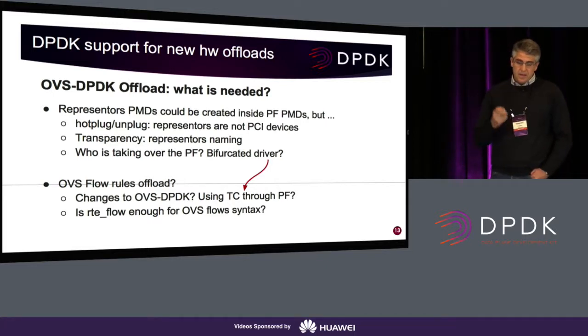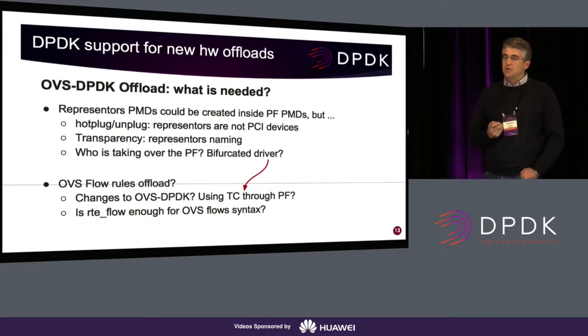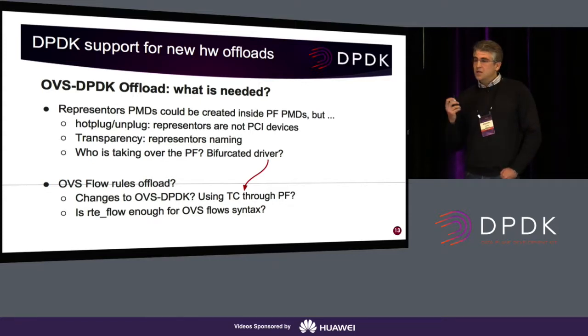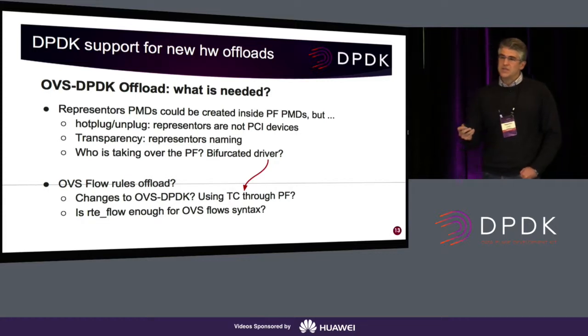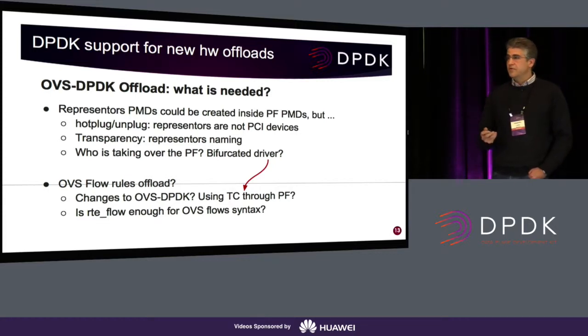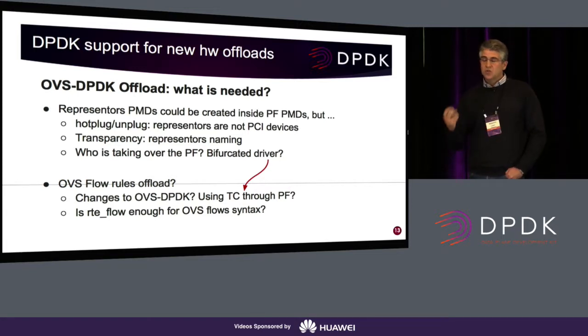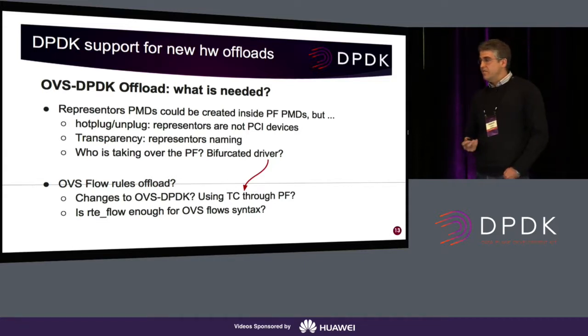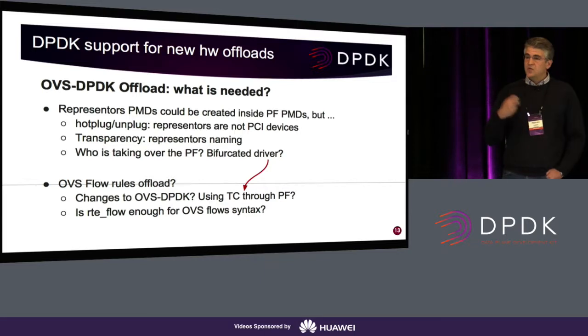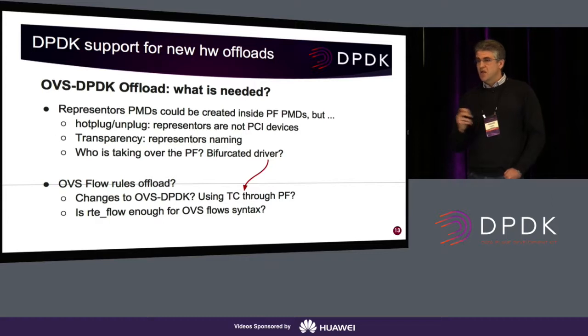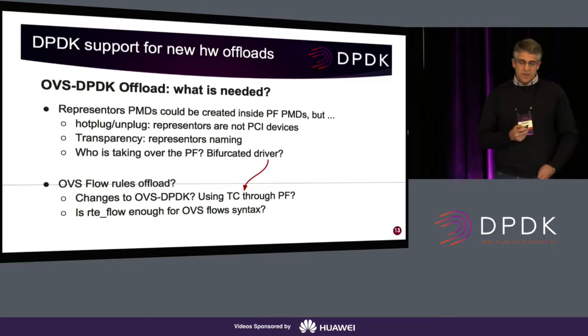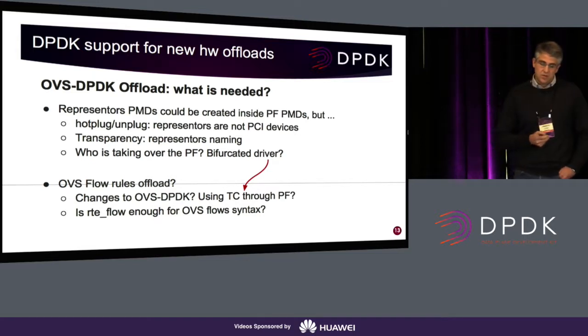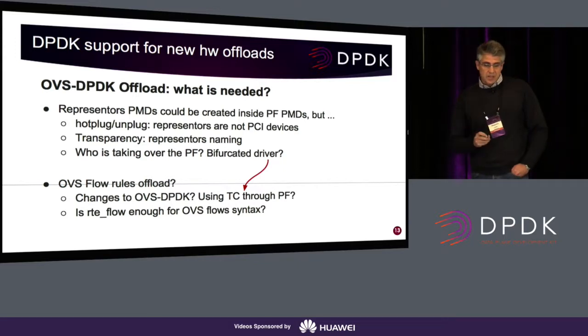The point is, the ideal is to have this be completely transparent, so OVS DPDK using representors as if they were real devices, real virtual functions. So I can see a reason to maybe modify the plugin mechanism for adding these representors. Probably there is a need to have transparent naming, because the people working with OVS DPDK don't want to get confused, so it's better to have the same names in any case.